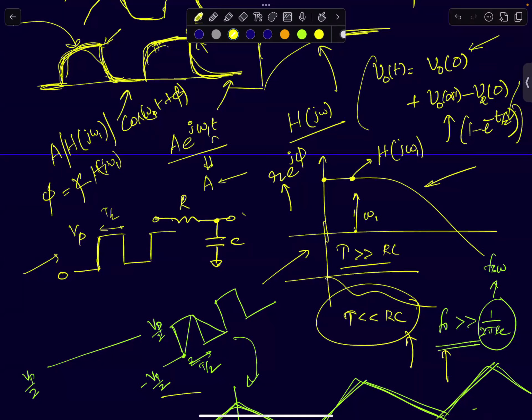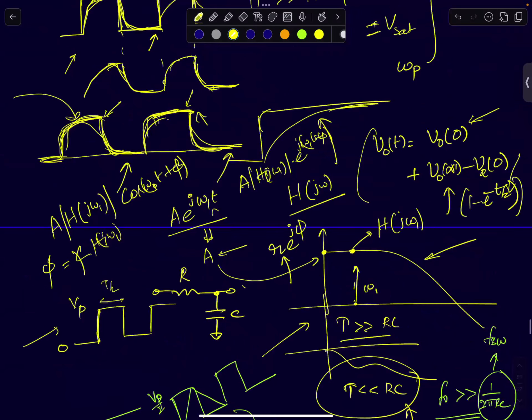That's a DC input. If I feed a DC input to this system, the frequency remains the same, and the output will be equal to A times the magnitude of h of j omega 1 times e power j omega 1 t plus phi. I think I'll erase it here.